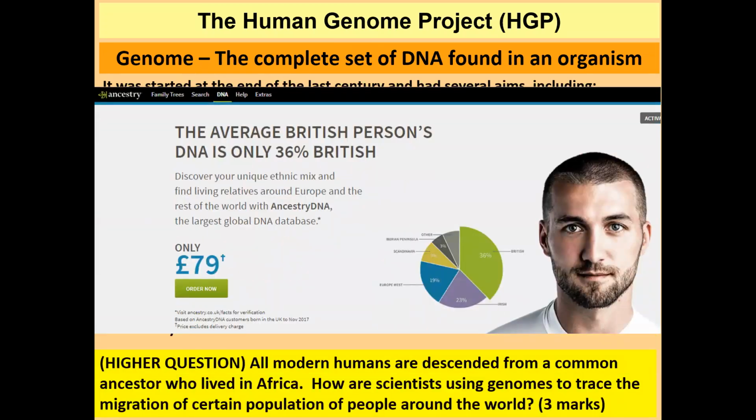Some of you might have seen these advertised, where you can find out your unique ethnic mix and work out where your ancestors have come from. Well, this is based on the principle that we're going to describe here. There are lots and lots of different companies that do this, but they literally sequence your DNA and look for certain mutations.